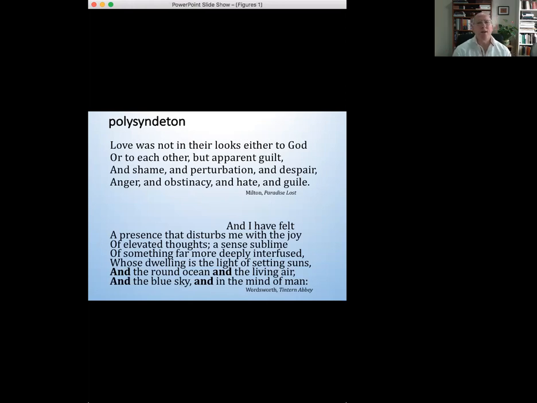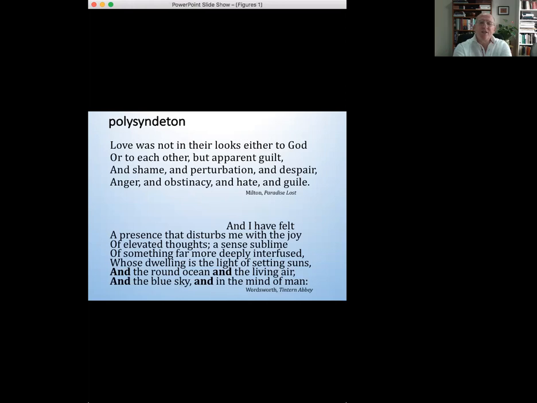Paradise Lost again. This is after Adam and Eve had disobeyed God and they're not feeling too good about it. "Love was not in their looks either to God or to each other, but apparent guilt and shame and perturbation and despair, anger and obstinacy and hate and guile."